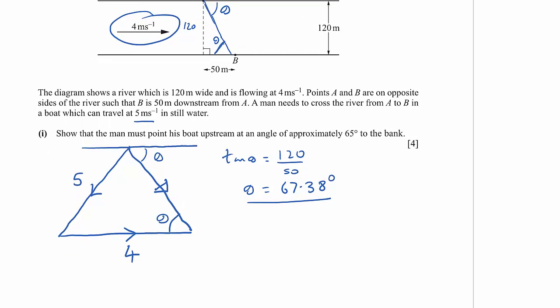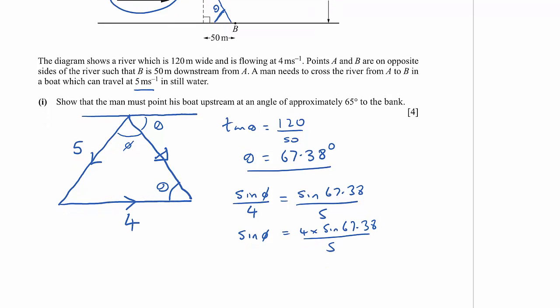Okay, so, well, we can certainly work out this angle here, which I'll call phi, using the sine rule. So sine phi over 4 would be equal to the sine of 67.38 divided by 5. So sine phi is going to be 4 times sine 67.38 over 5.